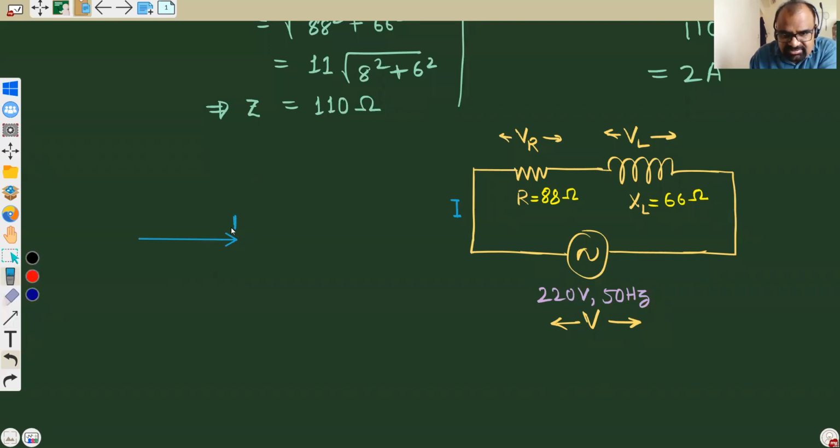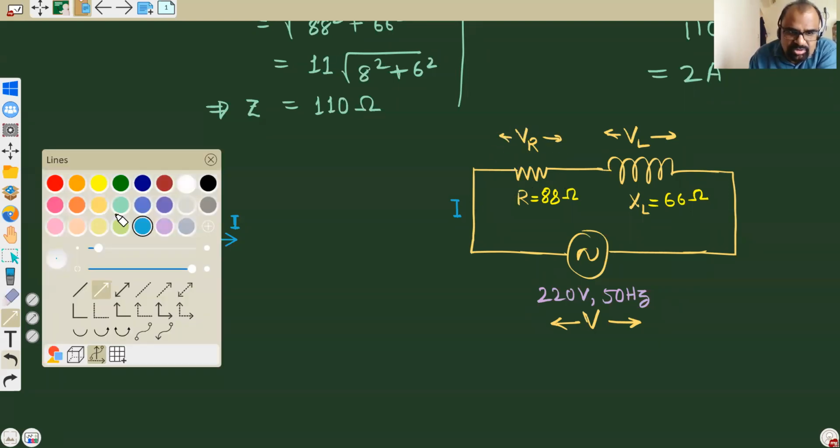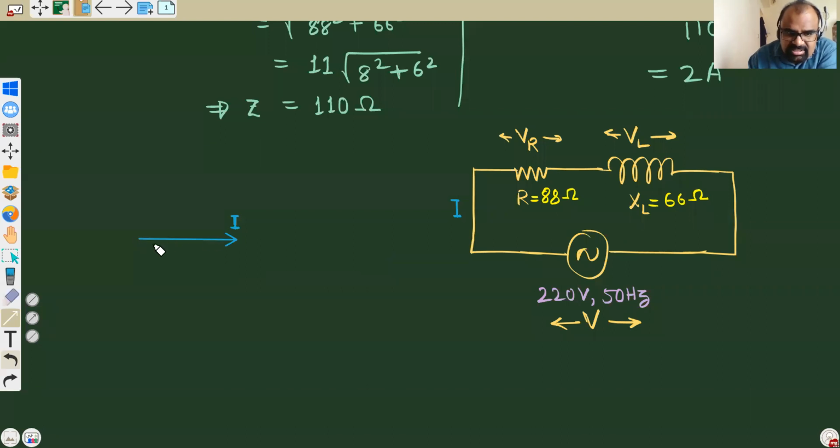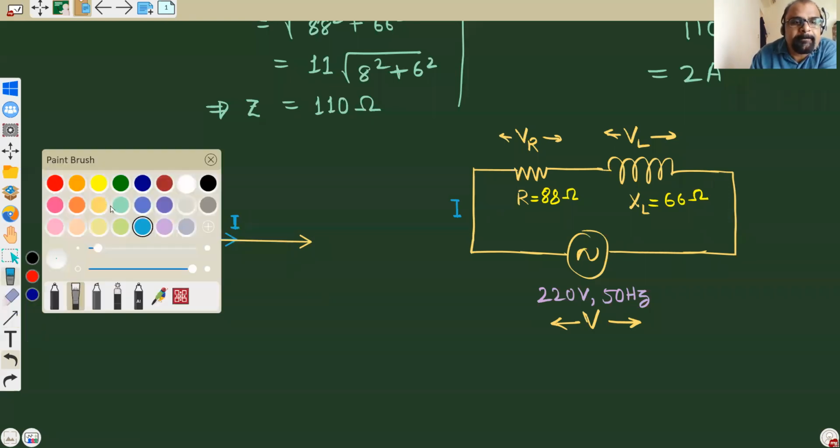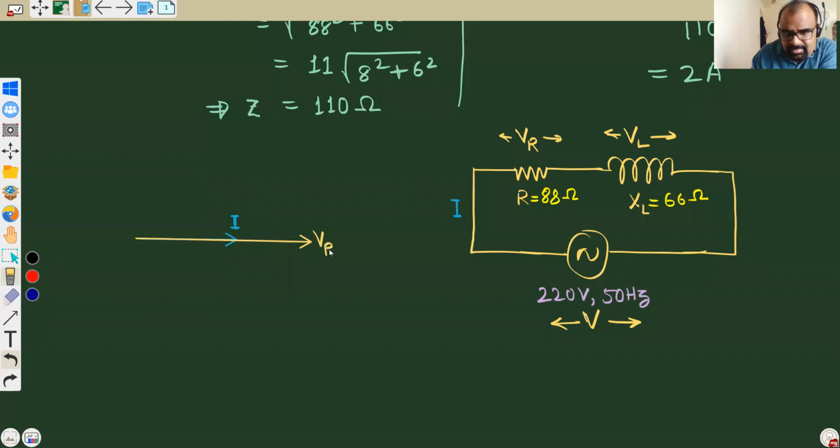So this is the current phasor. Now we should focus on this resistor. Voltage across the resistor and current through the resistor are in the same phase. So the VR phasor will be in the same direction as the current phasor, like this. So this is our VR phasor, and it is I into R.